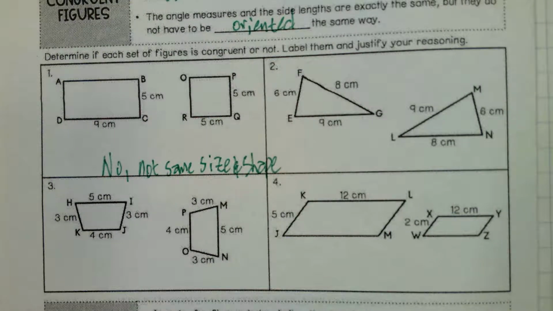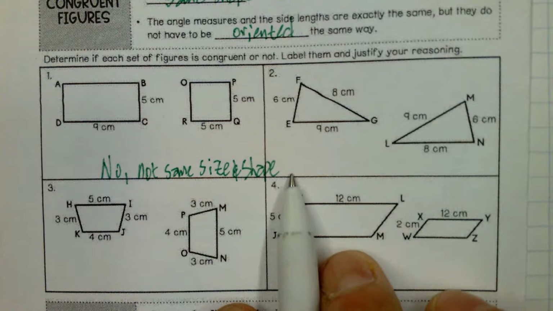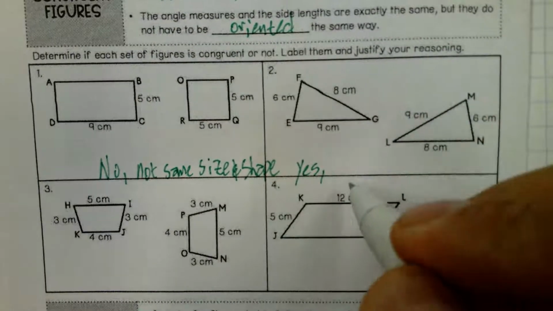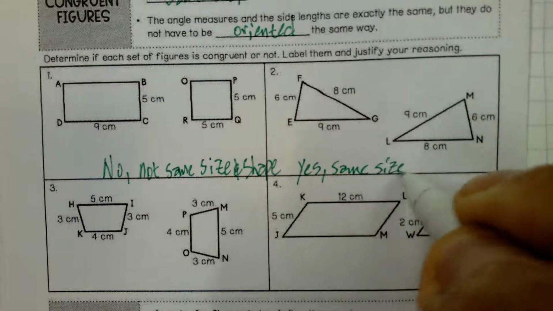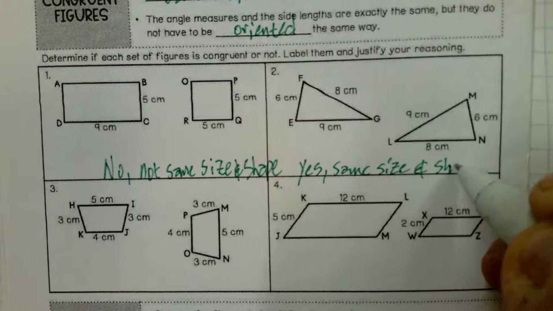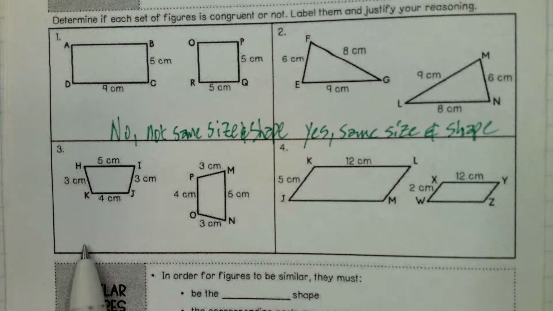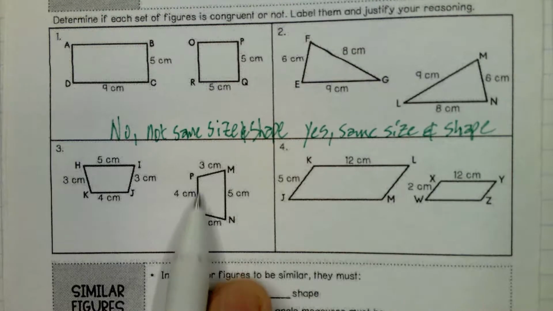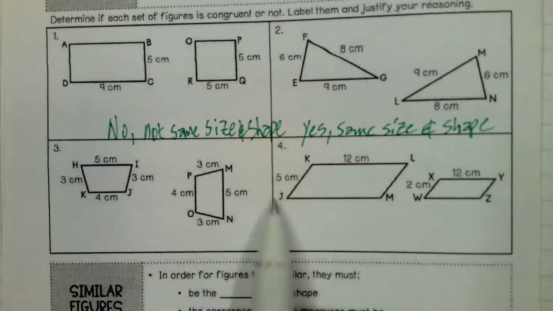All right, so let's look at number 2. Let's decide yes or no on congruence. No? Oh, okay. All right. And so is that same size and shape? Okay, I agree. How about number 3? Yeah. If you compare what we call corresponding sides, they're the same: 4 centimeters, 4 centimeters, 3 centimeters, 3 centimeters, and 5 centimeters.